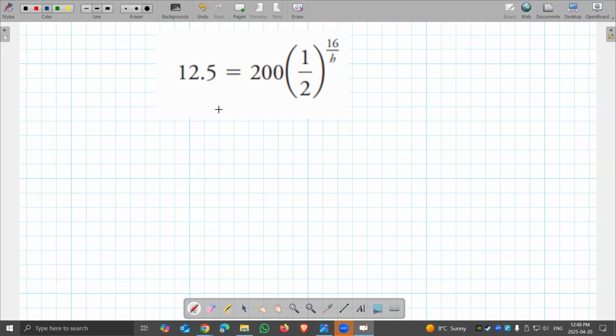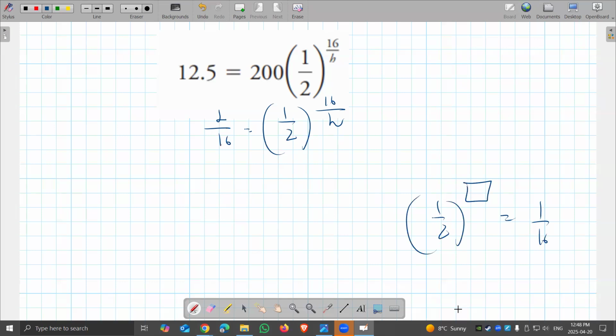When I do that, look at this. I get 1/16. Can we write 1/16 as 1 over 2 to the power of something? So what I'm asking is, 1 over 2 to the power of something is 1/16. What is it?